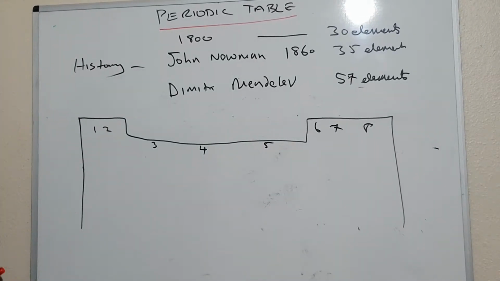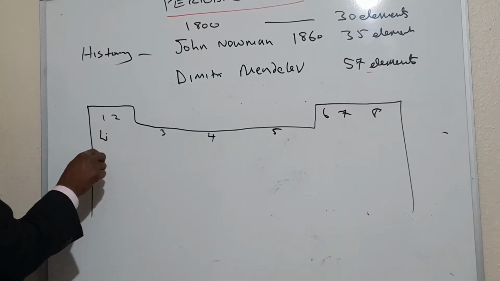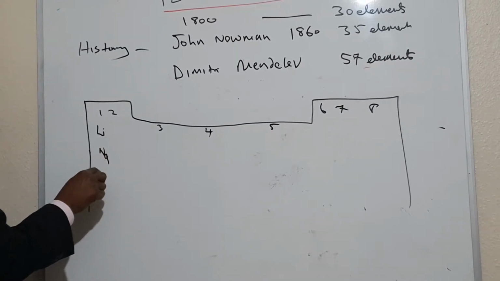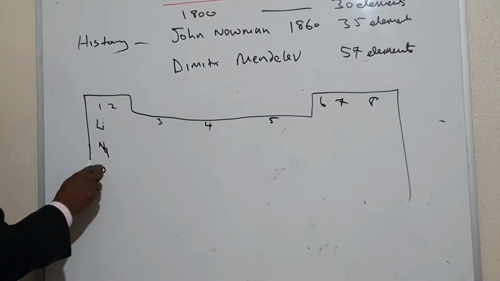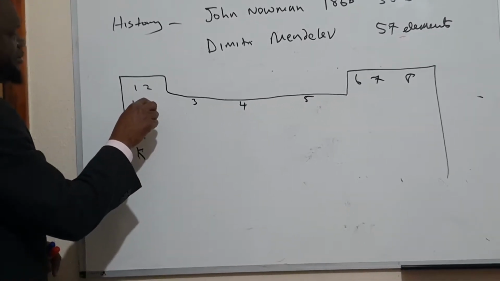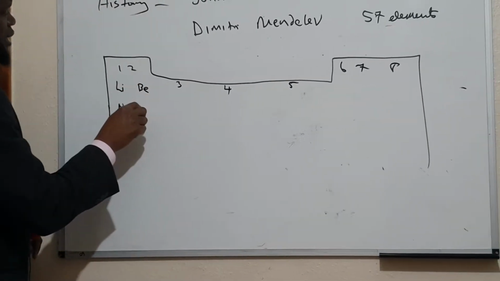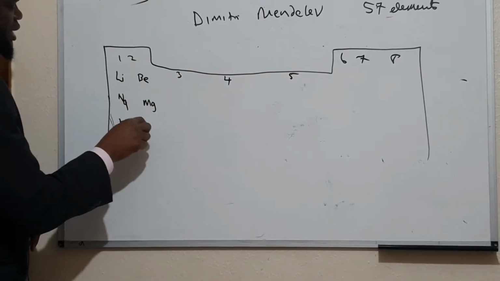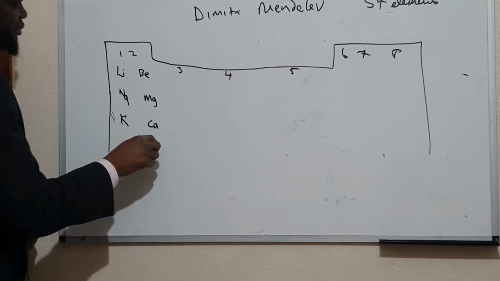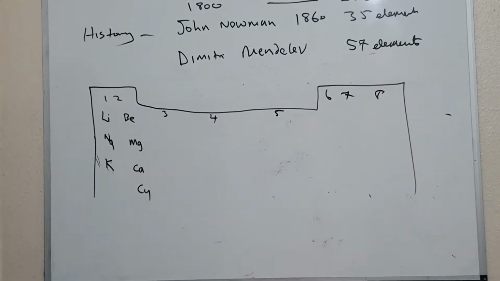Okay, now here, group 1, we know it starts with lithium, then sodium, then potassium. Then group 2, we have beryllium, magnesium, and calcium. Copper is not there.